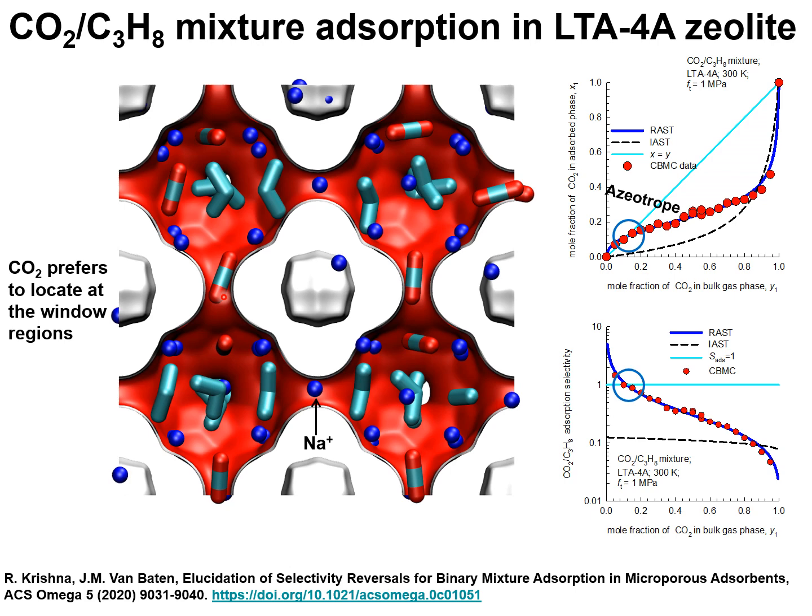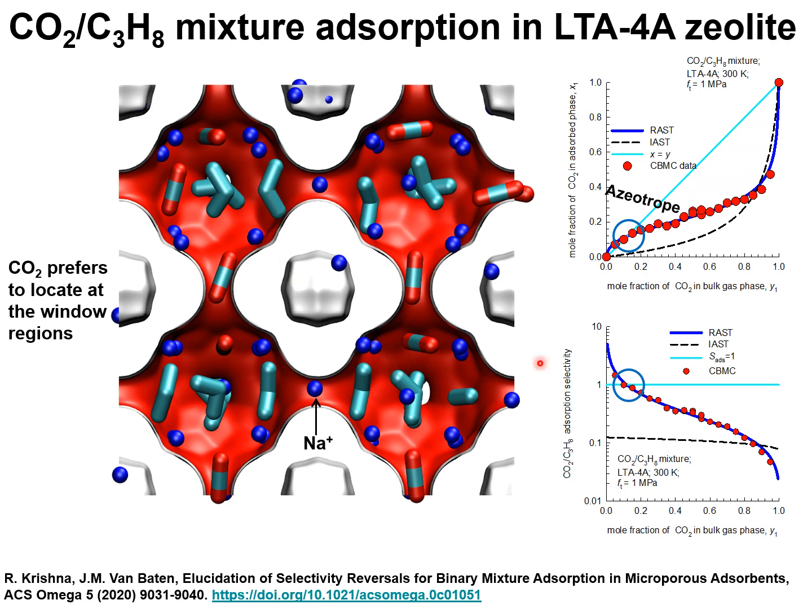Therefore, a CO2 molecule that is firmly ensconced at the window side does not have to face stiff competition with the propane molecules that are located within the cage interiors.